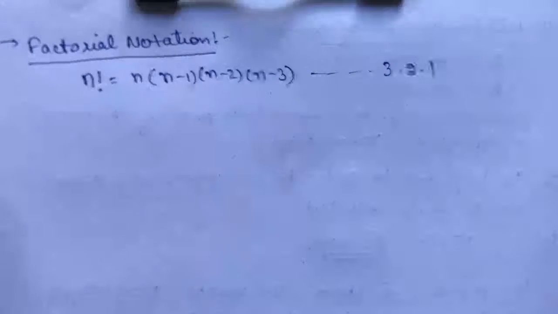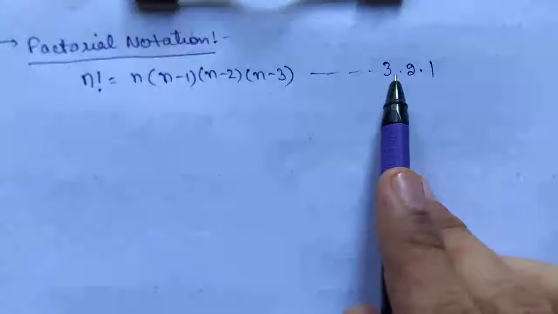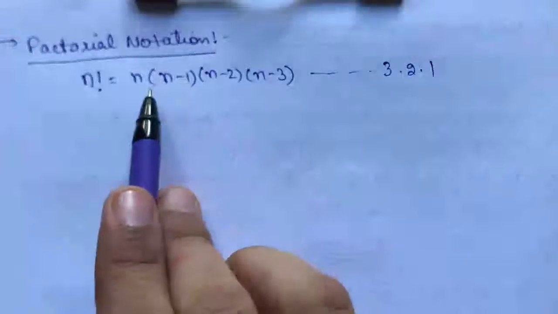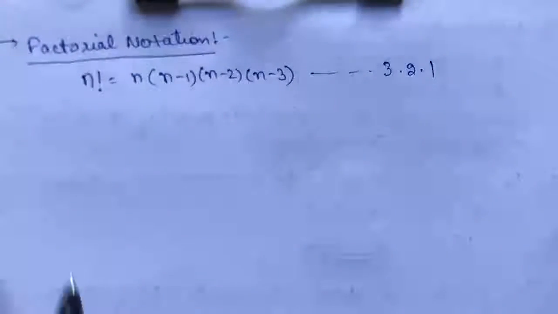Okay, n factorial will be equal to n into n minus 1 into n minus 2 into n minus 3, and we'll go till 3 into 2 into 1. So this product of 1 into 2 into 3 into 4 into 5 till n is represented by n factorial.